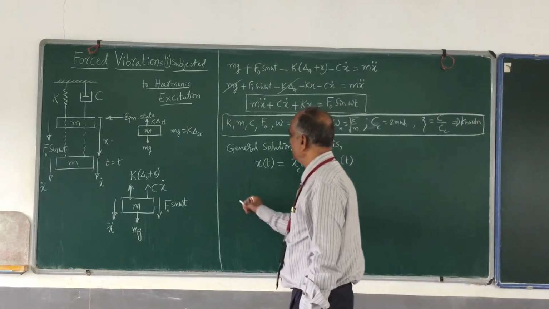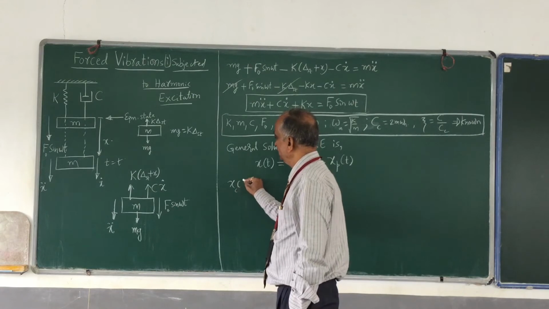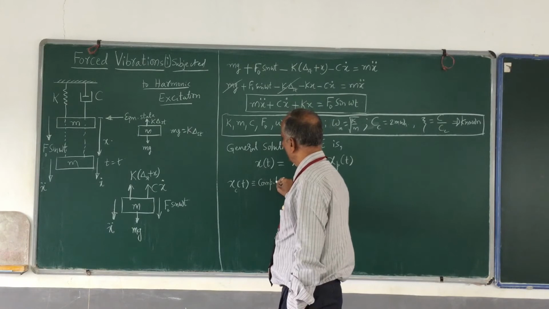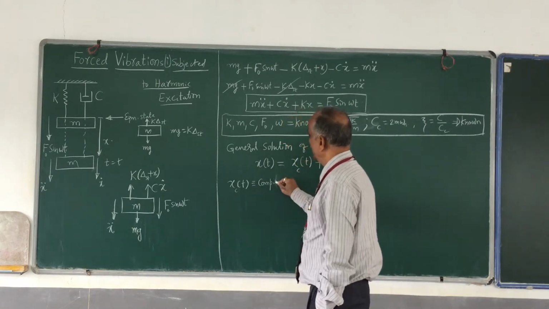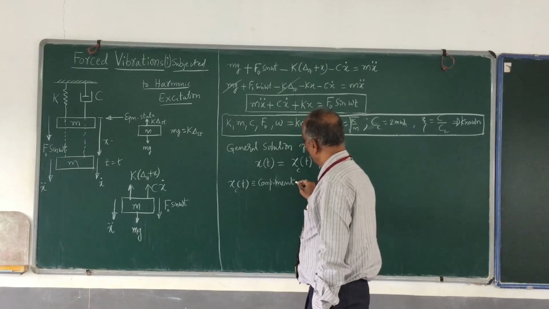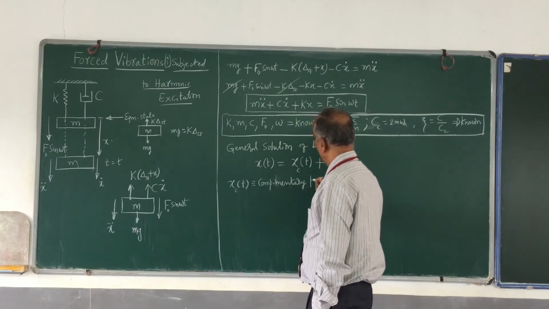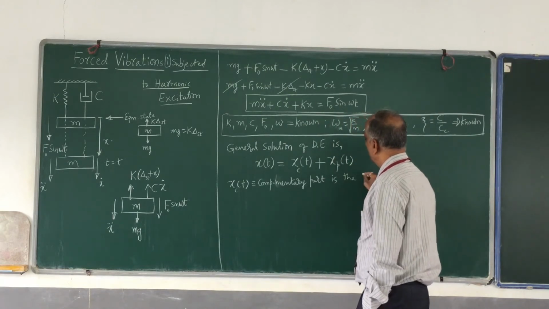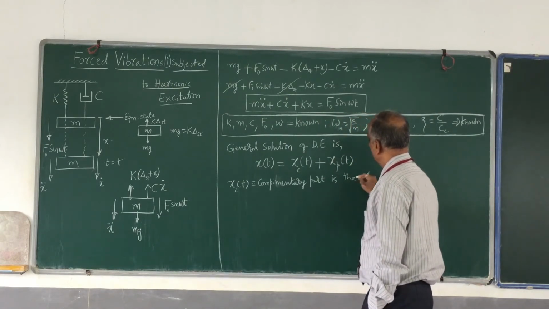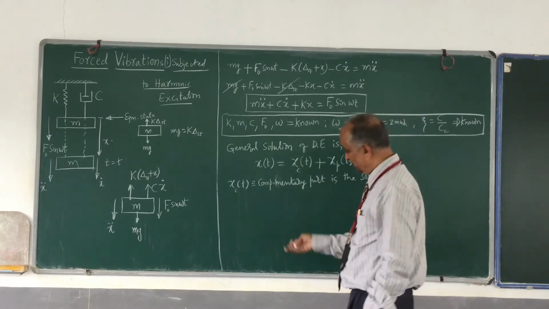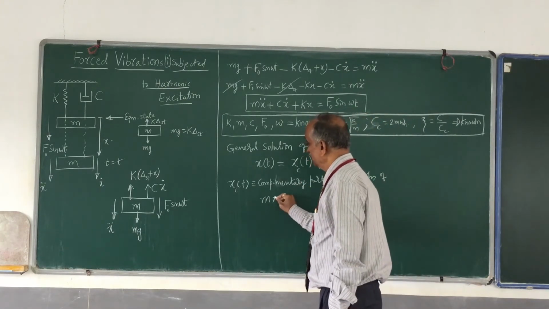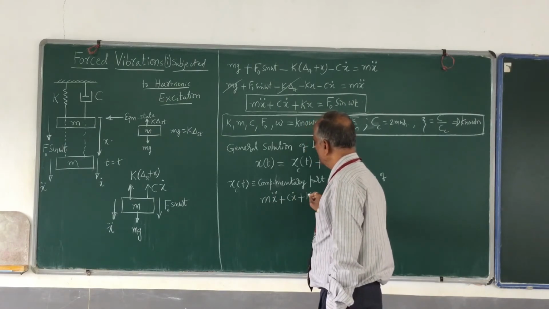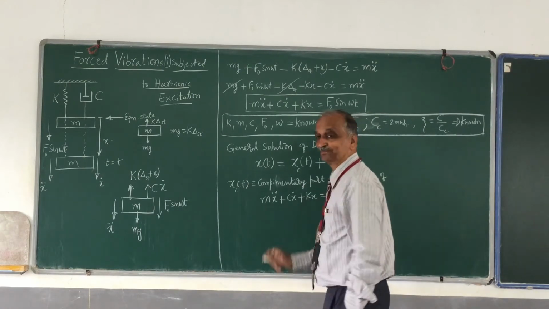Then what is xc of t? xc of t is also known as the complementary part. It is the solution of the differential equation m x double dot plus c x dot plus k x is equal to 0.